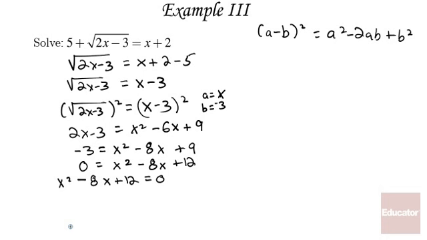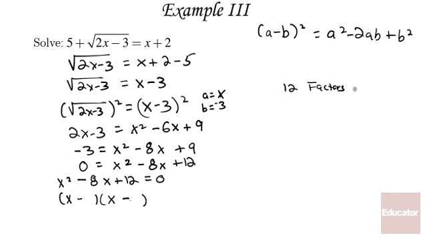This actually is fairly easy to factor, so solving by factoring would be a good way to go. And I see that I have a negative for the second term and a positive 12. What this tells me is that I have x minus a term times x minus a term, because the product of these two negatives is a positive, but their sum comes out to be a negative. So I look at 12 and the factors.